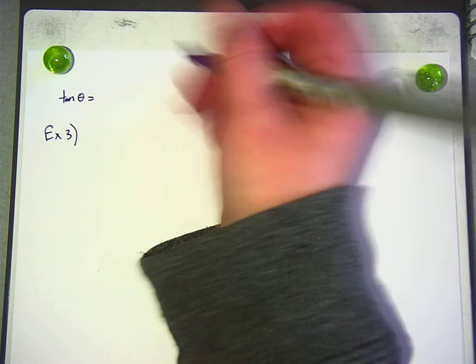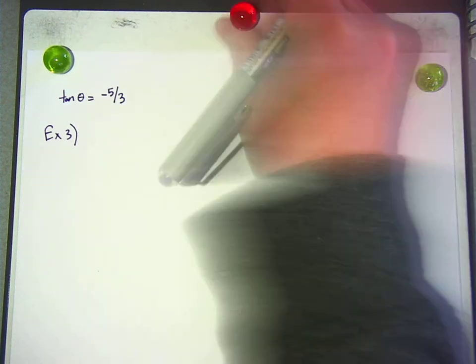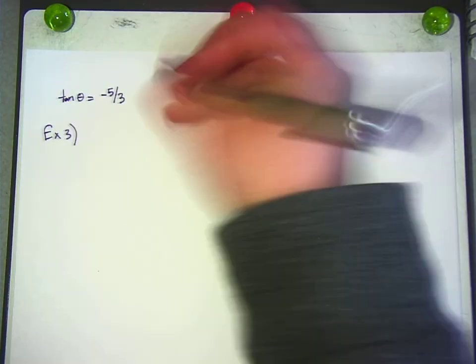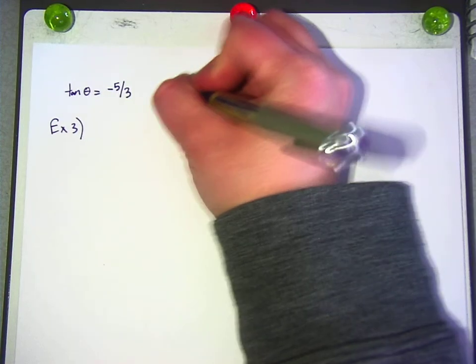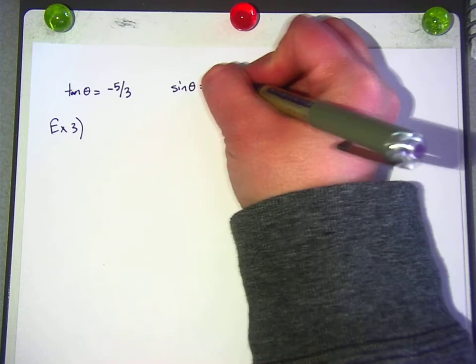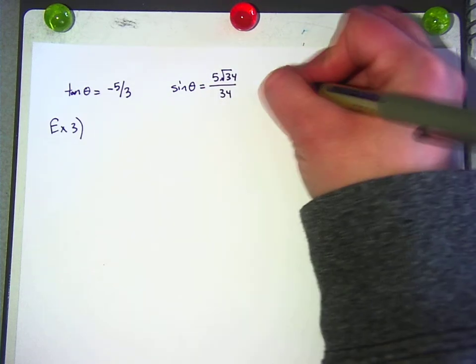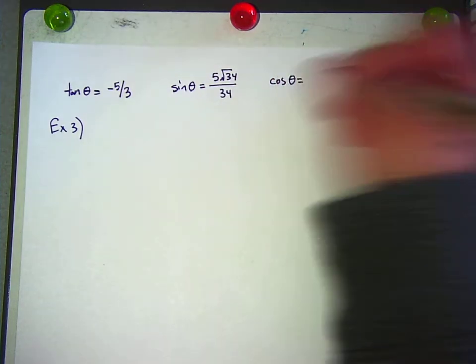It was -5/3, correct? What else did we find? We found out that sine was what? Over 34? Didn't we find cosine? Which was?